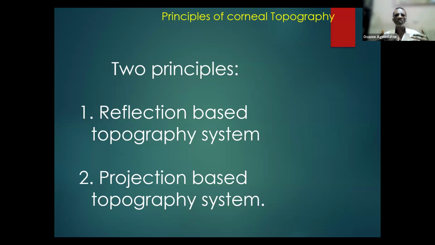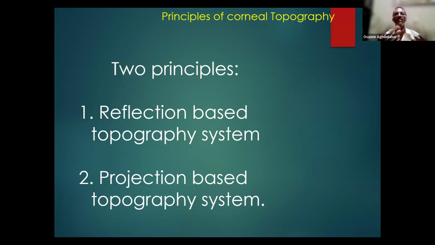However, in the projection-based system, you project light through slits, through circular slits. So you're not projecting concentric circles now; you are projecting light through concentric strips onto a surface. In this case, it doesn't matter if the surface is transparent or not, because you're not looking for reflection.